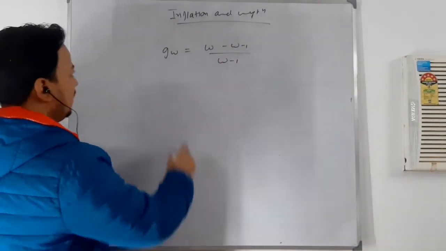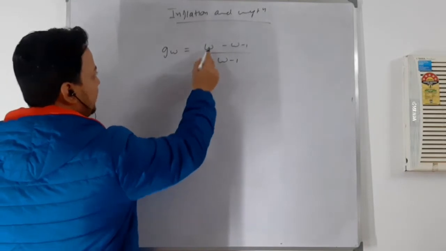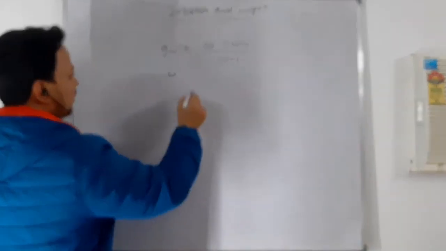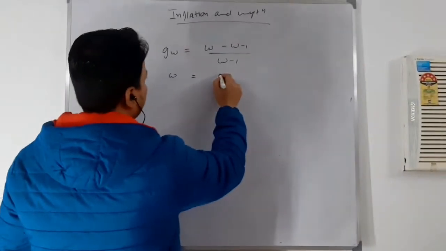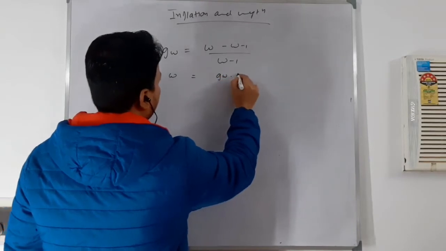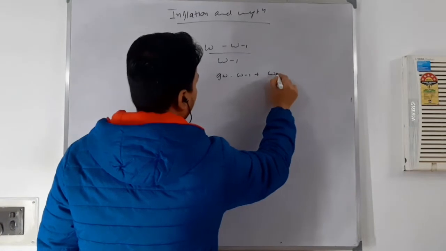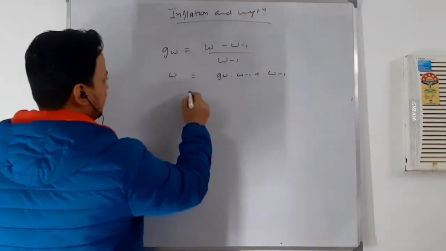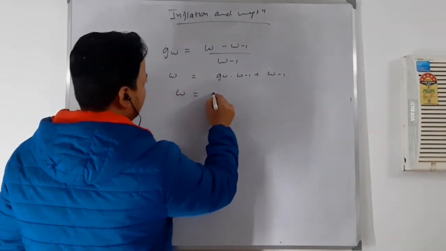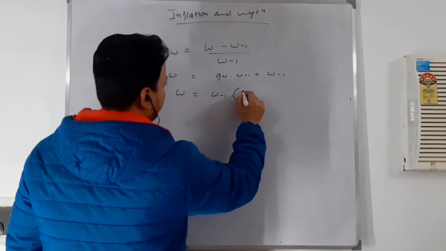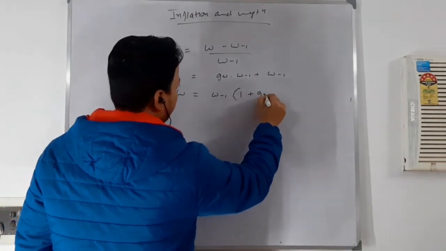After this I have written this equation in terms of current year wage. So current year wage equals wage inflation times W minus 1, plus W minus 1. Then current year wage will be equal to previous year wage times the bracket 1 plus wage inflation.